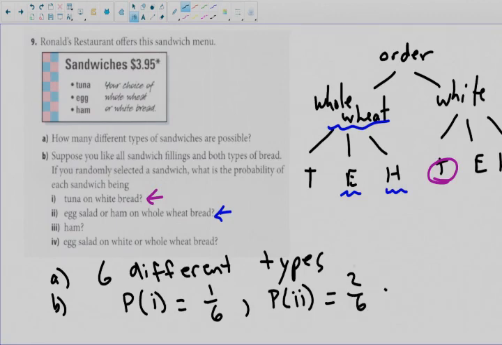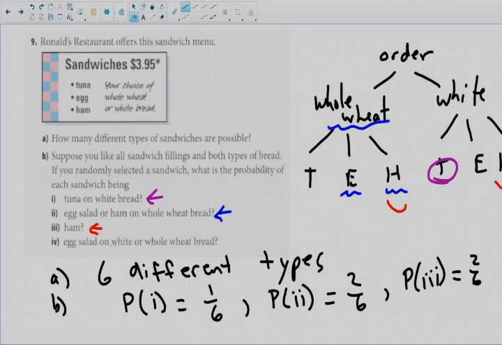Probability of III is ham. I'm going to use red for that one. Well, ham is here and here, so there are 2 out of 6 possibilities for ham.